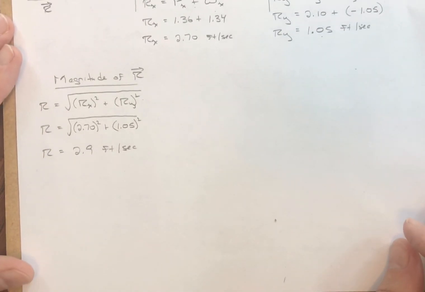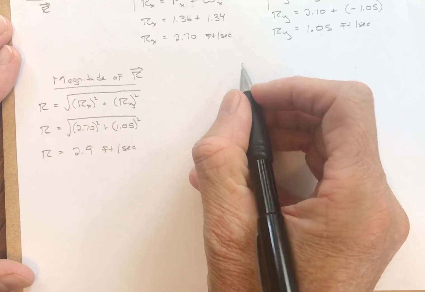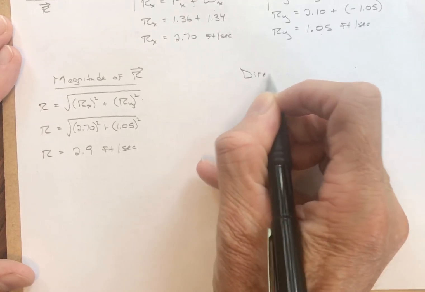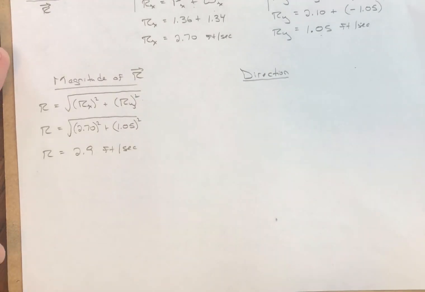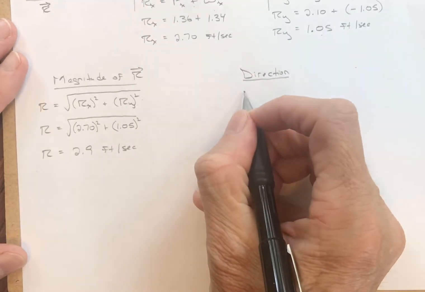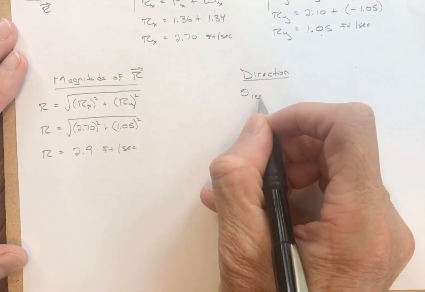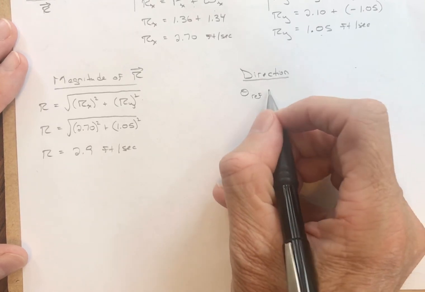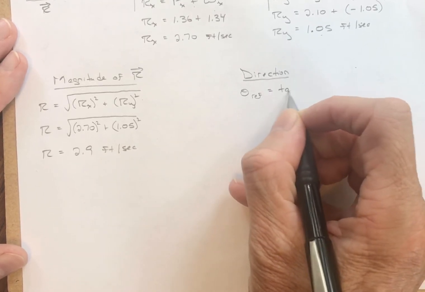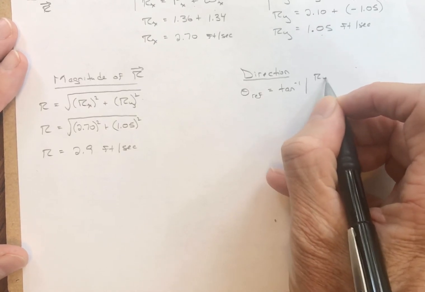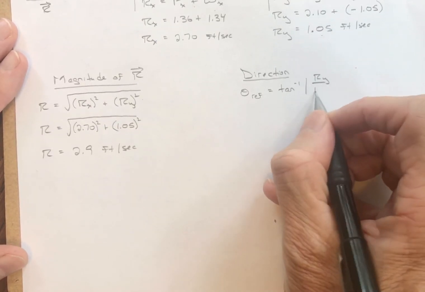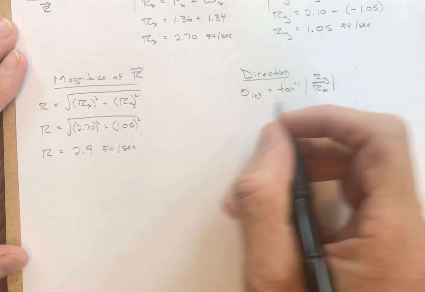Okay, let's do the direction. We're going to find the reference angle, called theta ref, and that is the inverse tangent of the absolute value of the y component divided by the x component.